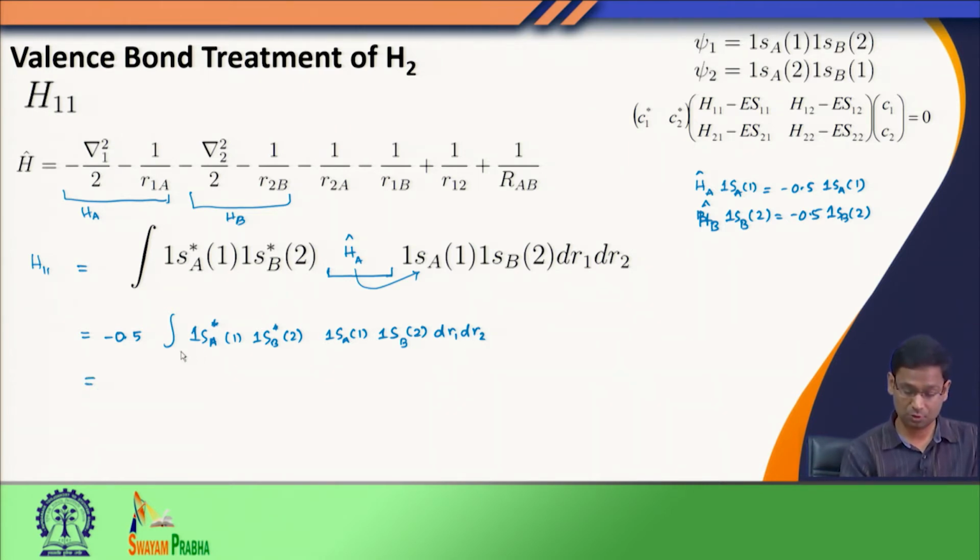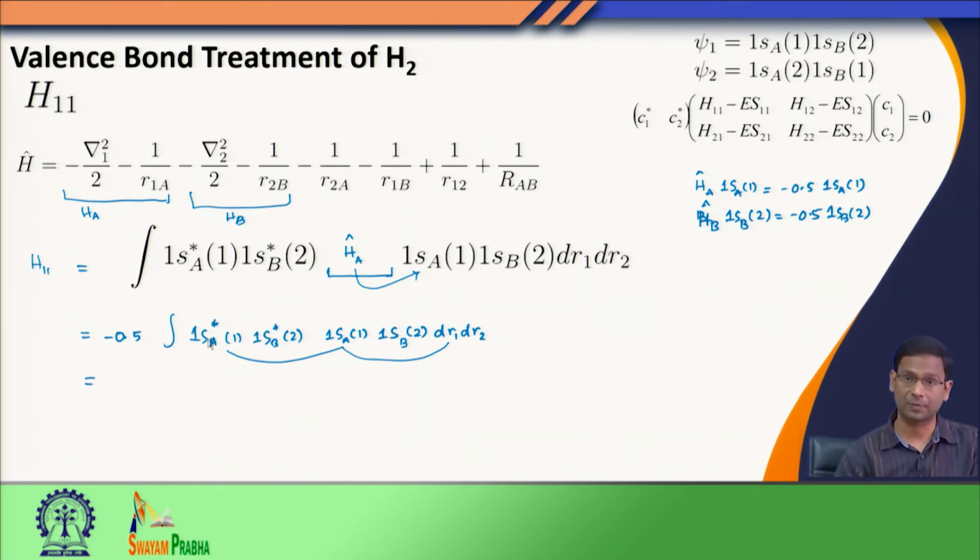Now, this integral has some terms corresponding to electron 1 and some terms corresponding to electron 2. So, we can separate the terms which depend on electron 1. There will be 1s_a star, 1s_a, dr1, and you remember that 1s_a is an eigenfunction of hydrogen atom A, whose Hamiltonian is a Hermitian operator.